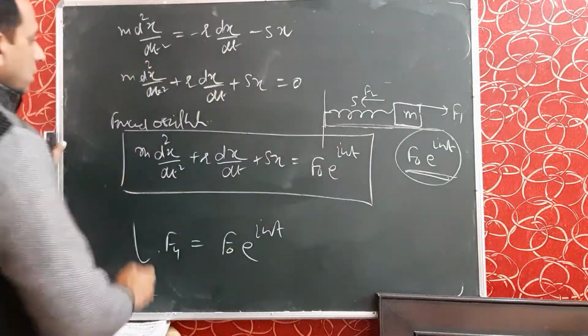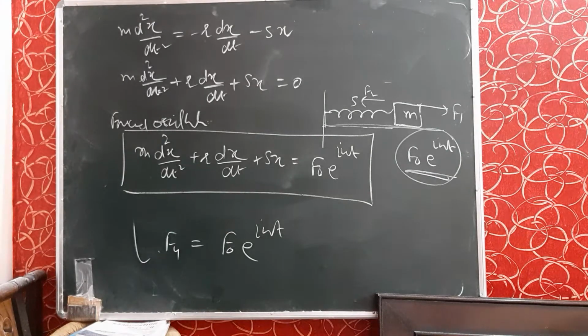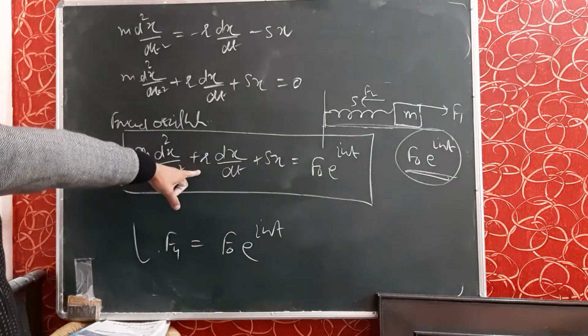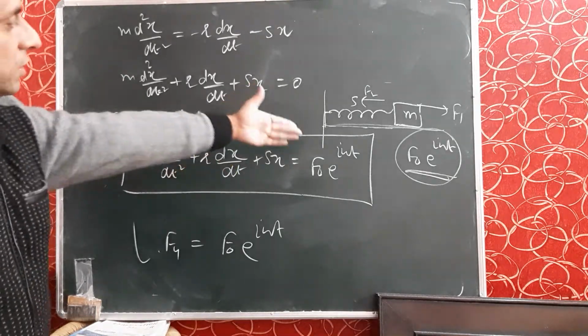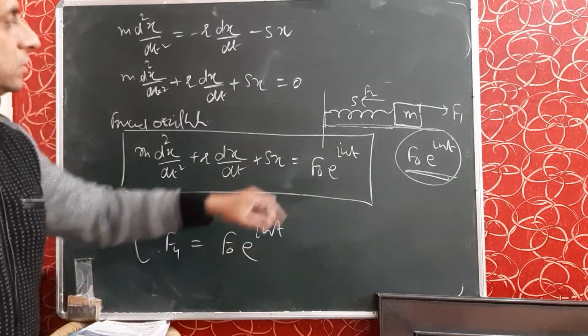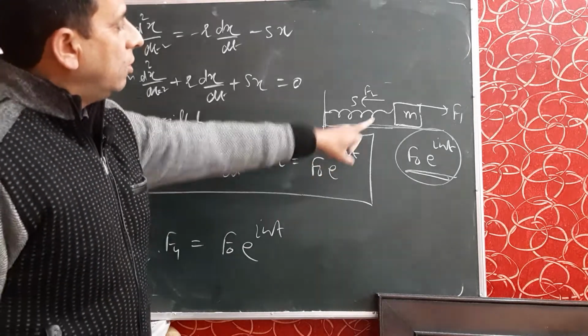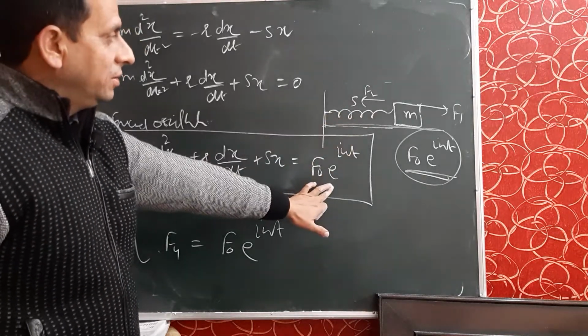So in this way the equation of forced oscillator is formed. So this is the equation, left hand side is the same as that of equation of damped oscillator, and on the right hand side I have put this periodic external force which will be applied on this system periodically.